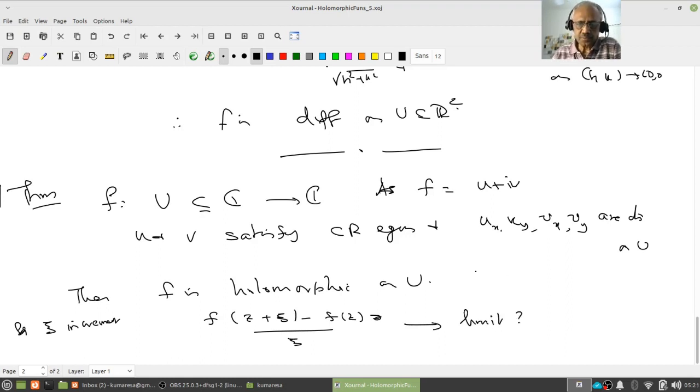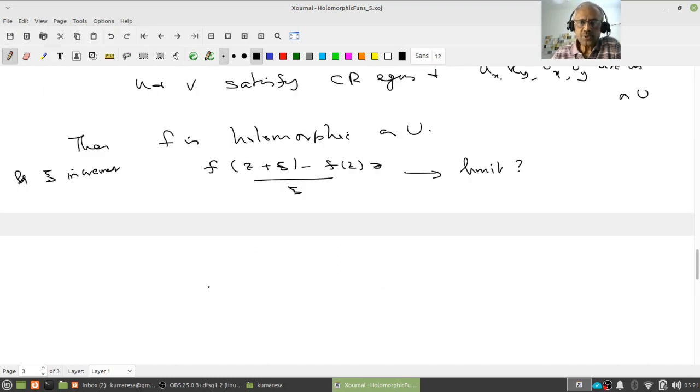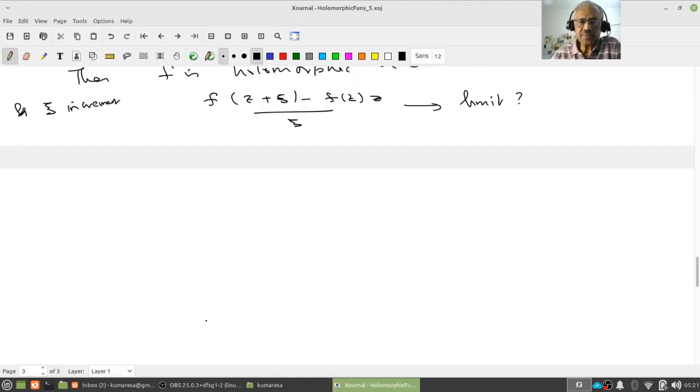This is what I have to prove. So if I want to prove differentiability, I have to somehow find what should be the derivative f dash of z. Somehow we have to guess what f dash z is. Then only can we try to estimate.